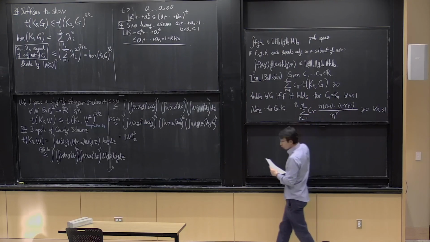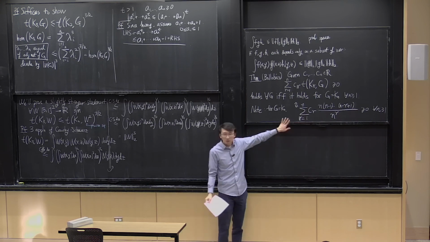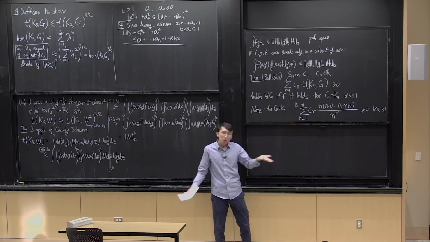Okay, so to check whether this inequality is true for all graphs, I just have to check the specific inequality for all integers N, which is straightforward.